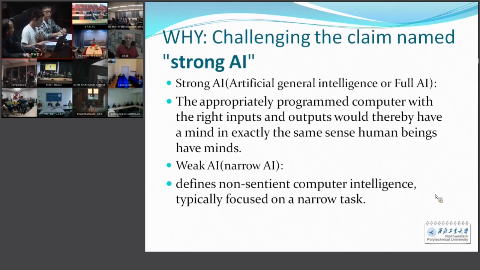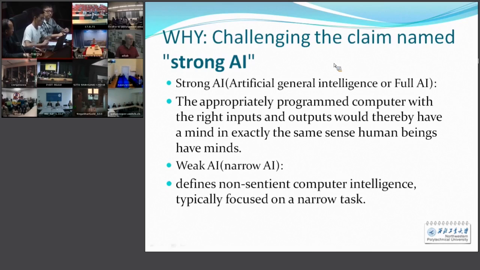And this usage is common in academic AI research and textbooks. The term AI is now used to describe any artificial intelligence system that acts like it has a mind, regardless of whether a philosopher would be able to determine if it actually has a mind or not. Now, let's have examples for strong AI.